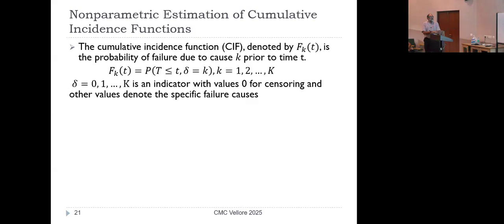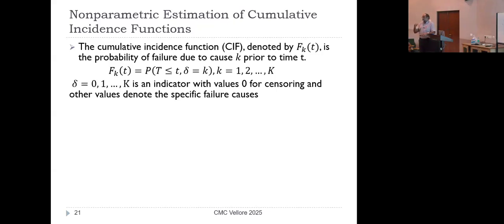So what do we do? What we tend to do is calculate the cumulative incidence function, which is the probability of failure due to a cause K prior to time t. So for each of the causes, I get what's called a cause-specific cumulative incidence function.